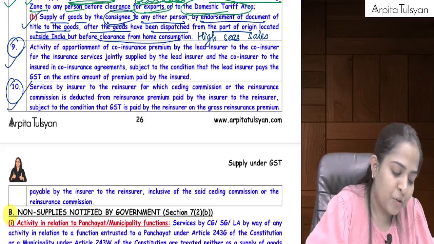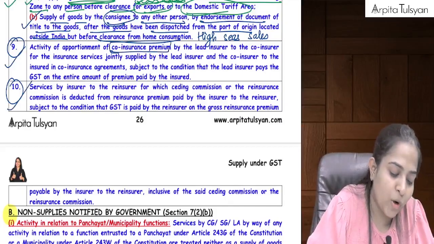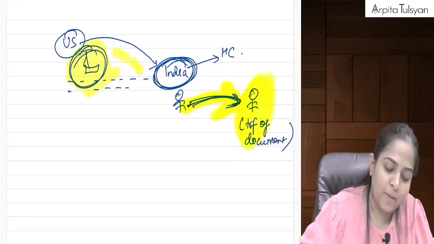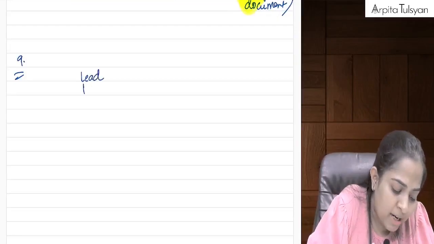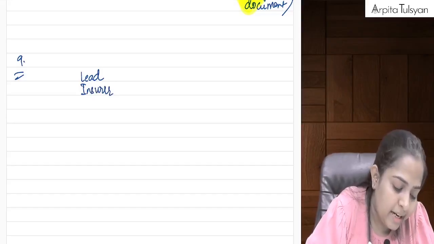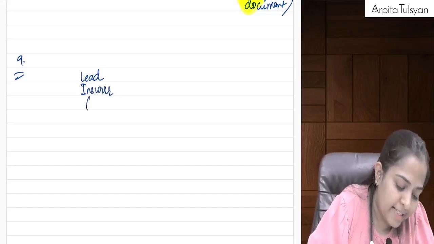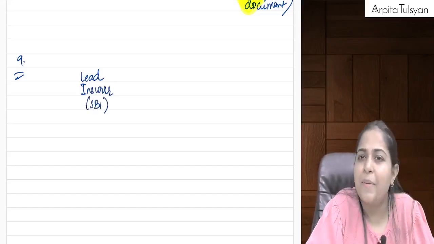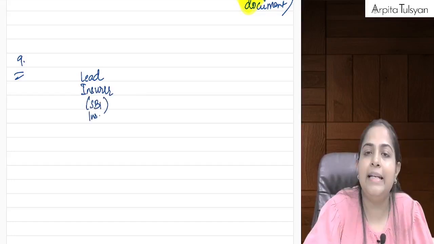Now here, the first point talks about co-insurance premium. I'll give you an example that will make more sense. Point number 9, co-insurance premium. There is a company called the lead insurer. Let's say, for example, SBI Insurance is the lead insurer.